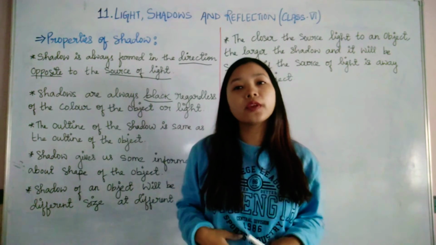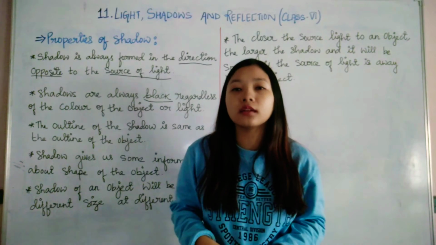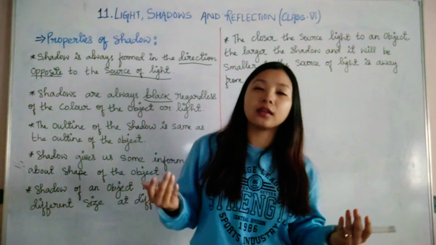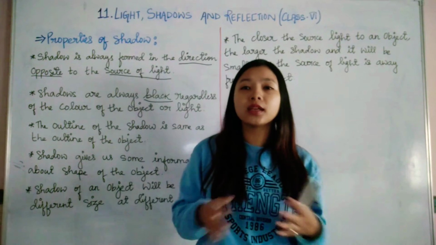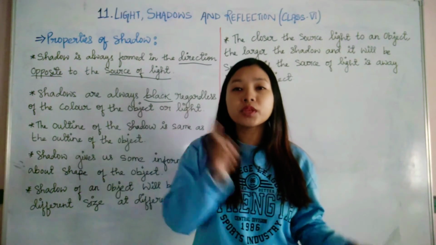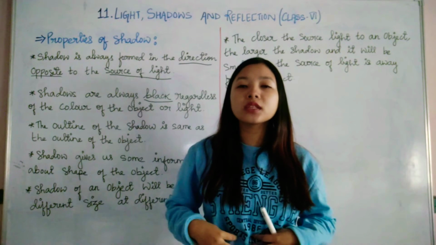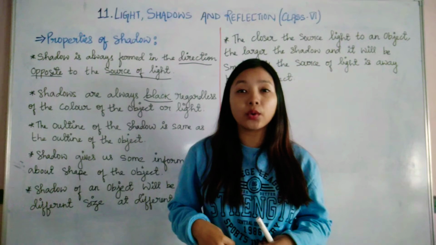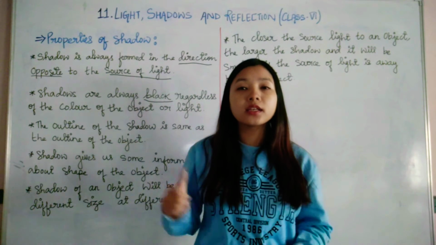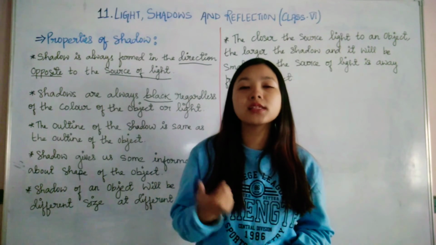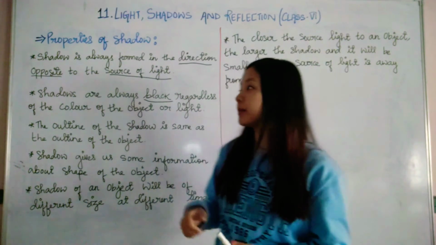And let's say you are wearing a red colored top or cloth, blue, white, pink, any color you can wear. But whenever a shadow is formed, regardless of the color of clothes you are wearing or the color of light, the shadow which forms behind you will always be black in color.